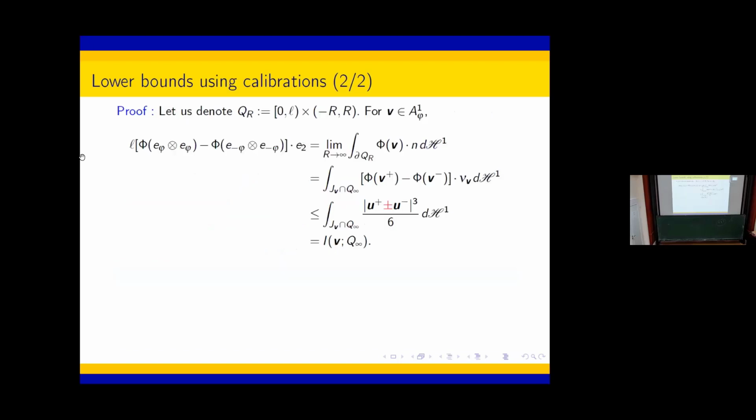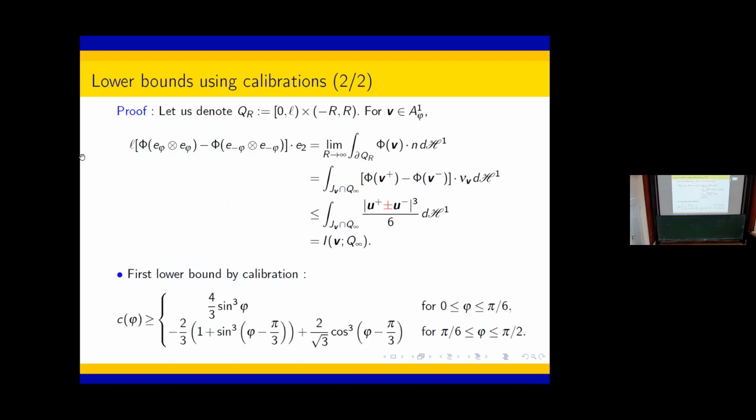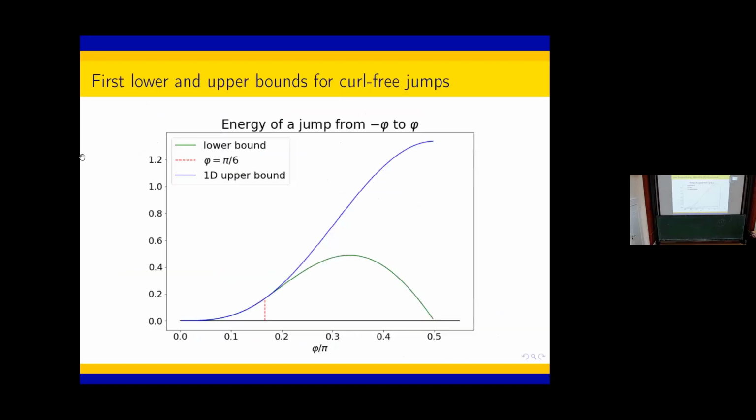Well, I don't explain the computation of the calibrations, I just give you this. We have a first lower bound which is given by this formula. You find a calibration which works, and it's given by this formula. So we have two formulas for a moment. We have a formula for the lower bound, so the cost is at least given by this.